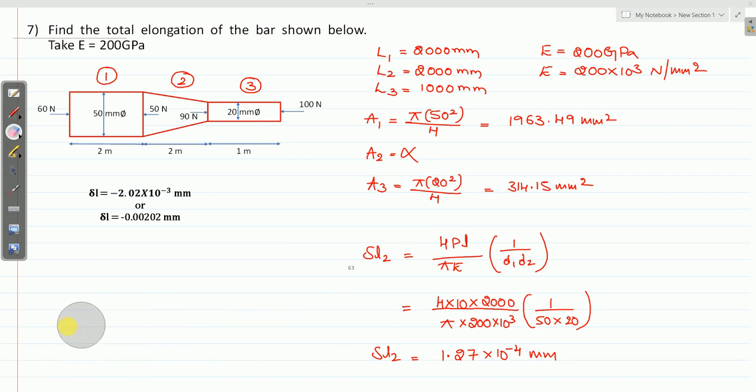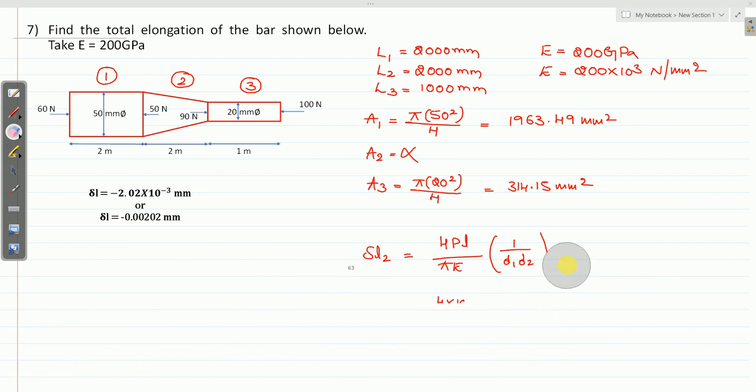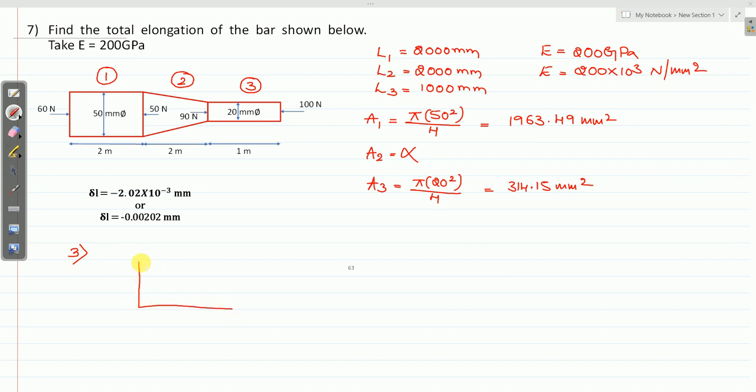For which I will consider section 3. So section 3 will be like this, a rectangular section. At this face you have 100 Newton. So let me find at this face. It is 90 minus 50 plus 60.